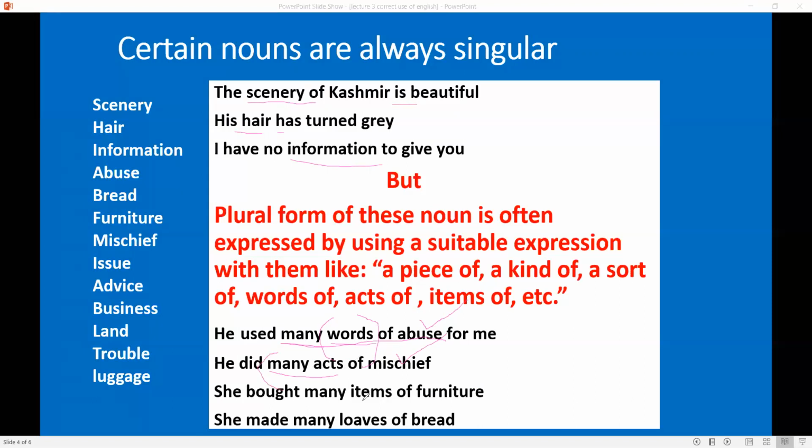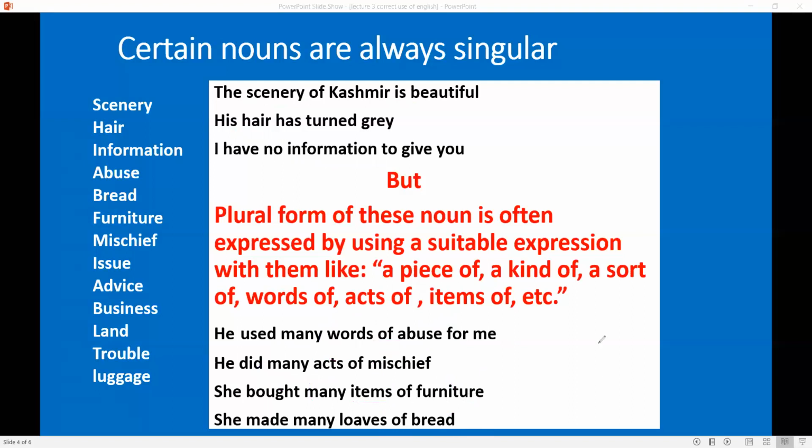She bought many items of furniture. We cannot make furniture plural. So we use many items of. She made many loaves of bread. Bread cannot be used plural. So we use many loaves of bread. This is the way you can use these words in plural form.